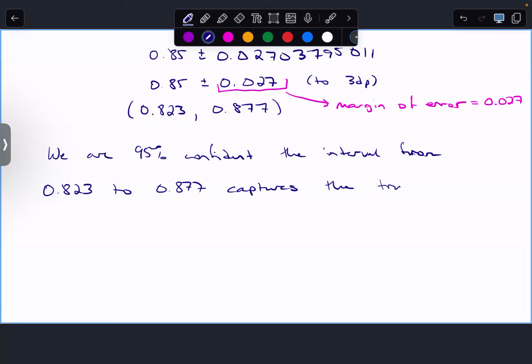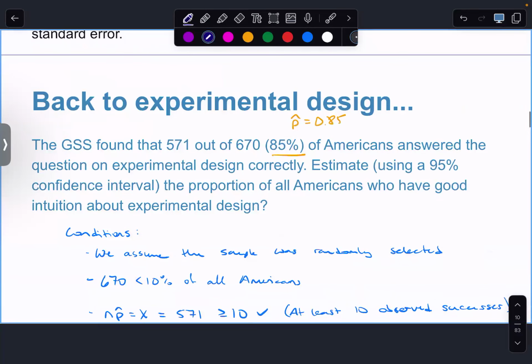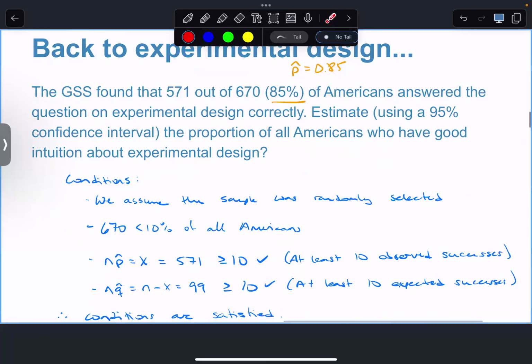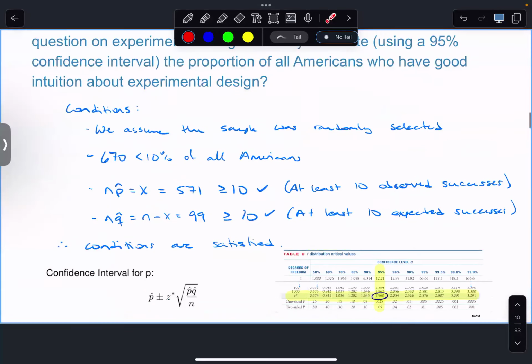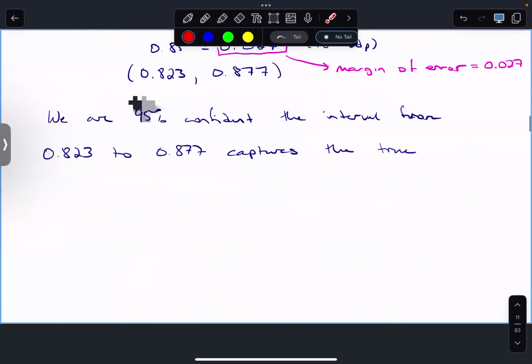I like to throw in the word true, which is kind of hinting at the population. The true or the population proportion of all Americans, which again, all Americans is also hinting at the population, but it's so important that we're talking about the population. I'm not upset if I see it many times. The proportion of all Americans, the true, maybe I'll cut the true, fine, because it is in there.